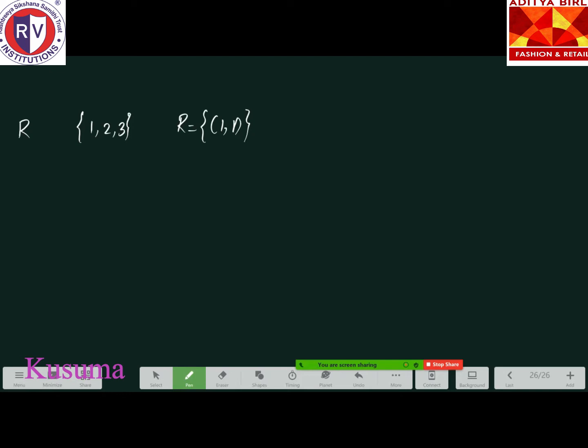Then R is, okay, we have to find out what properties or what laws hold good in R. The options given are reflexive and transitive, Option B is symmetric and transitive.